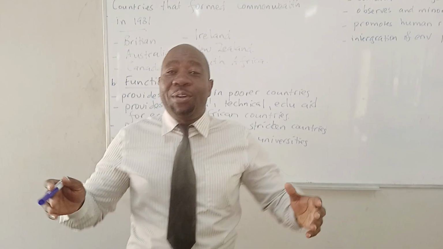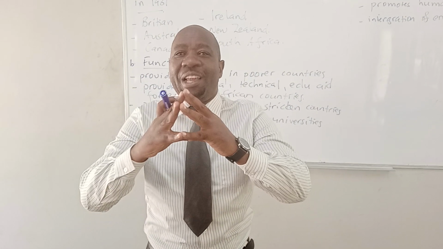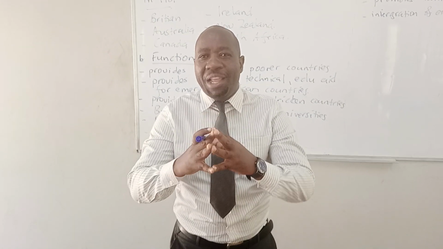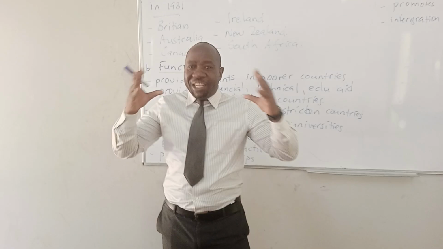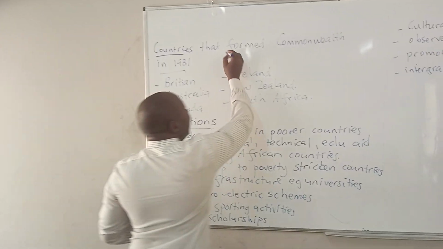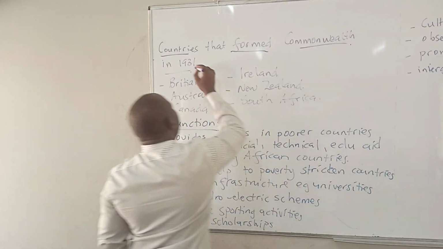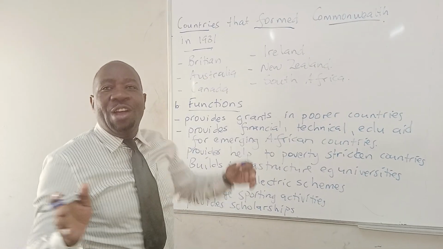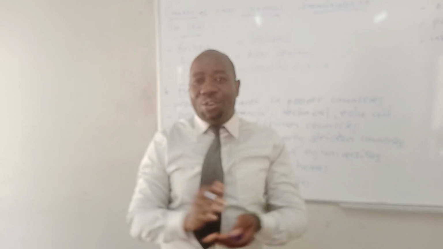We want to talk about the countries that formed the Commonwealth in 1931. Then we look at the functions of the Commonwealth. So let's start with the countries that formed the Commonwealth in 1931. Which were the countries?